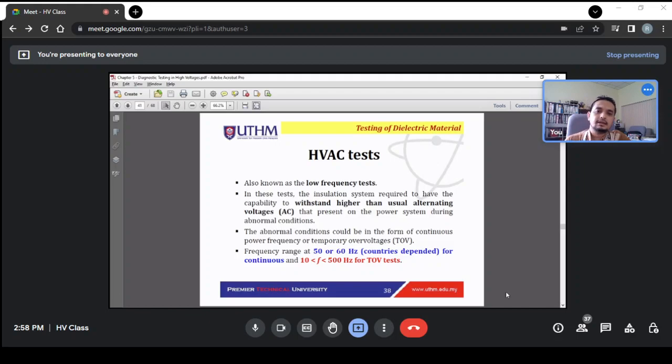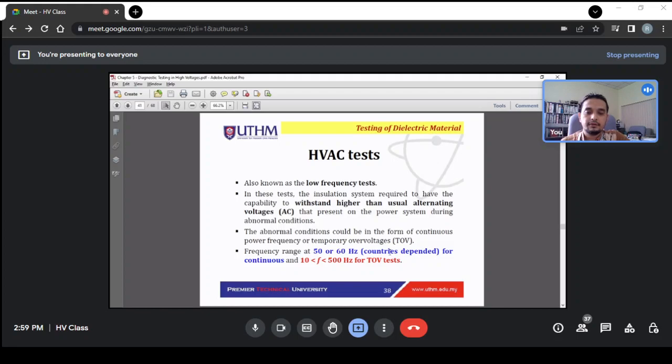Okay, right. HVAC test. This is also known as a low frequency test. Why is it low? Because HVAC is related to 50 or 60 hertz, the power frequency, and HVAC is related to alternating voltage. As we discussed before, alternating voltage goes with a sinusoidal wave, as compared to HVDC, where we have a constant voltage level at the peak value.